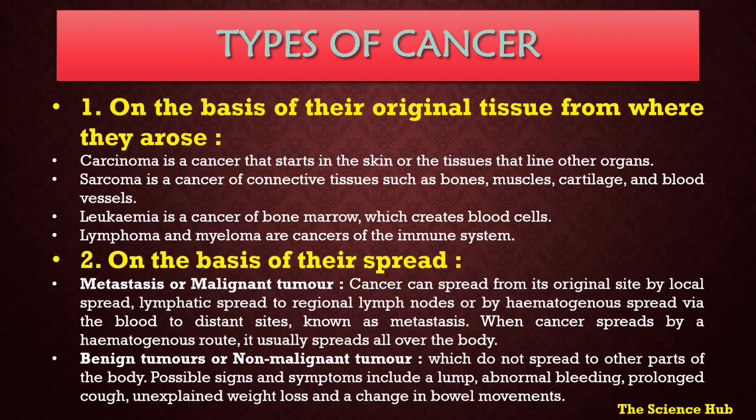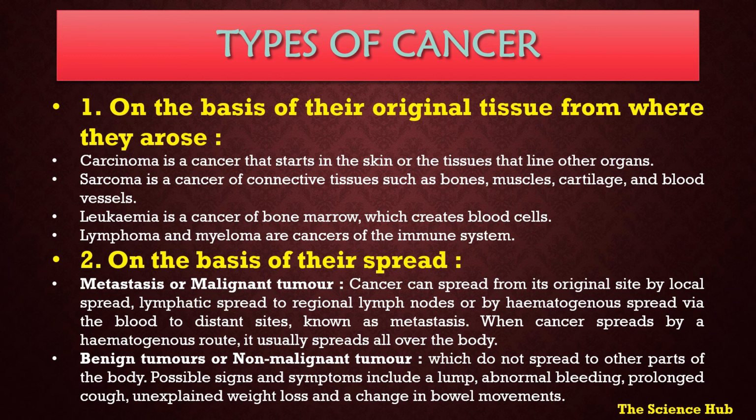Here, cancer can spread from its original site by local spread, lymphatic spread to regional lymph nodes, or by hematogenous spread by the blood to distant sites, which is known as metastasis. When the cancer spreads by a hematogenous route, it usually spreads all over the body.